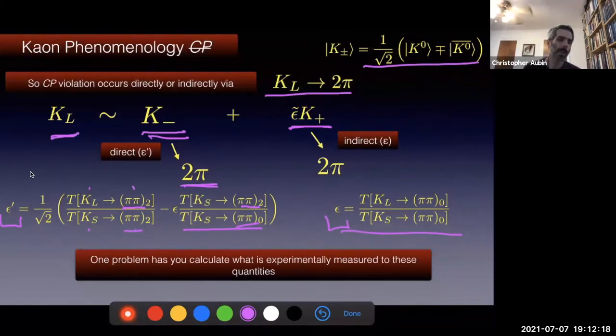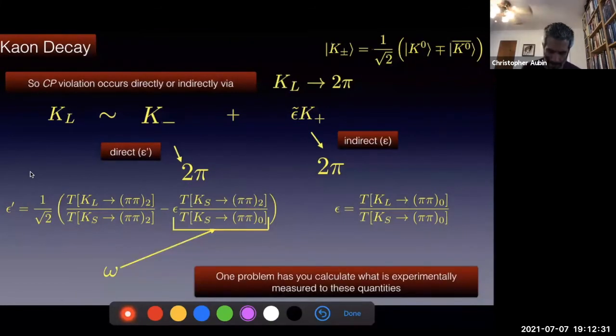In one of the problems on the pre-class assignments, I have you calculate what these quantities are in terms of actual experimentally measured quantities. They're called eta 0,0 and eta plus minus. So on this slide, I just wanted to denote this parameter omega, which is defined by that second term in epsilon prime.